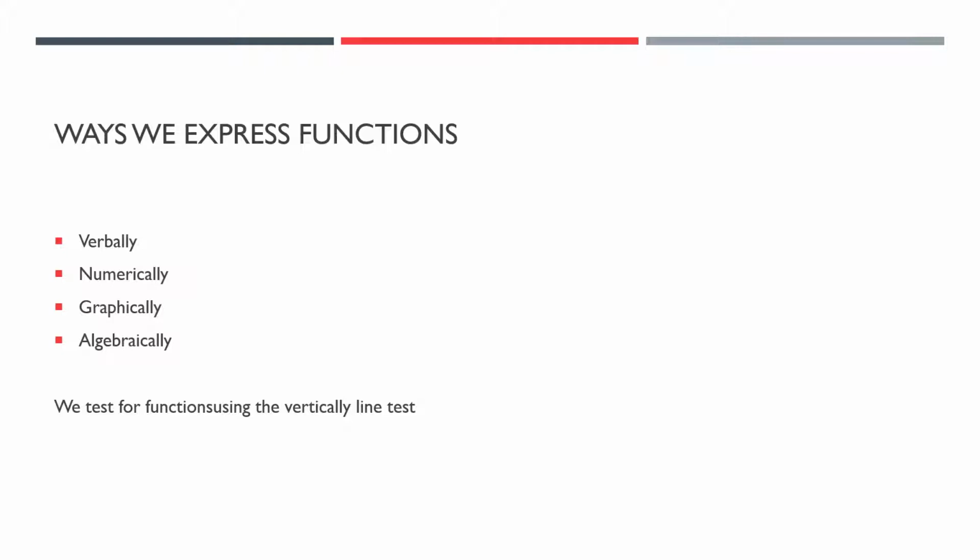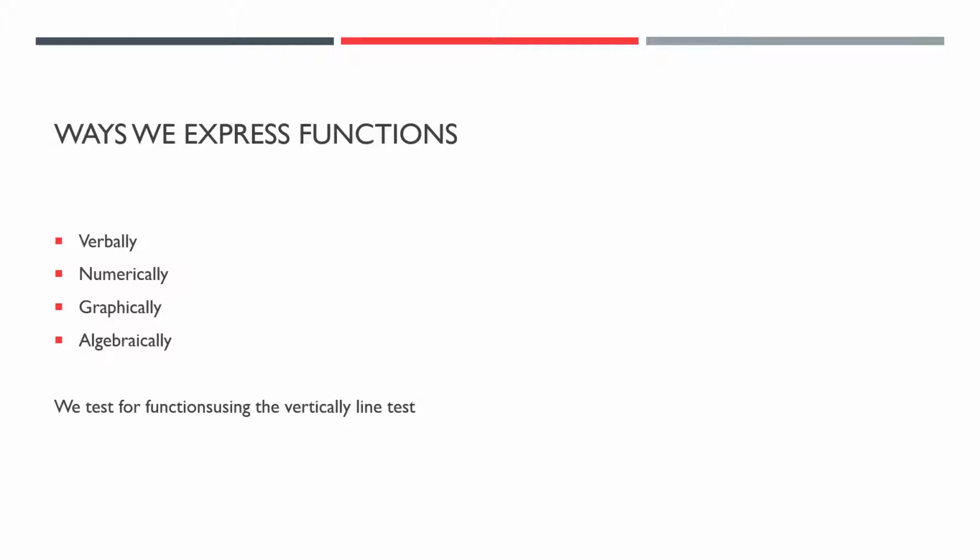We can use numbers, and this is where we would list the points. So if I gave you a list of 4 points, that can be a function. Doesn't always mean it is a function, but it could be a function. I could plot the points on a graph. And using the graph, you could see the function because it maps one to another.